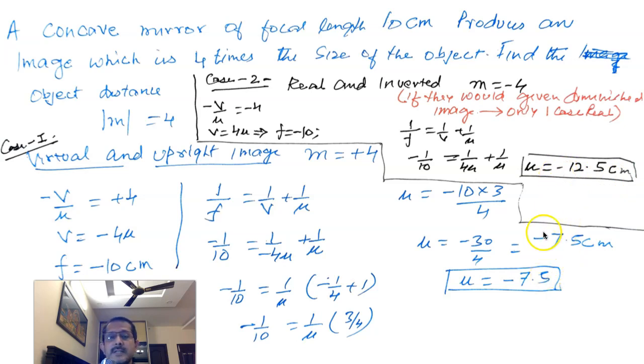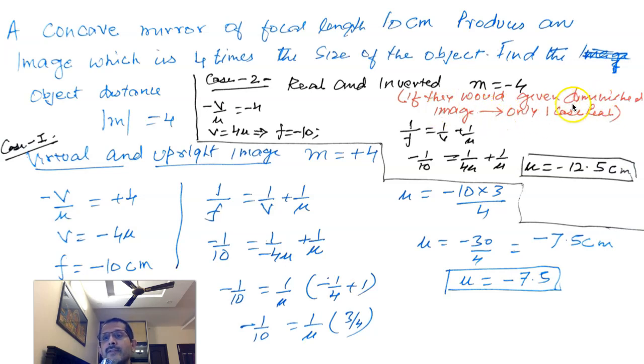So there are two cases. This is one of its kind of questions. Usually they do ask, so just understand that in this case there will be two cases. Now remember one thing: if they would have given a diminished image, then it could be only one case, which is the real case, because in a concave mirror we get a magnified virtual upright image in the last case.